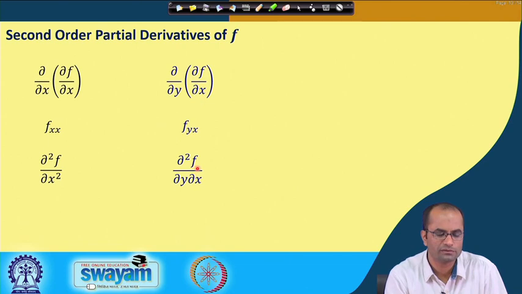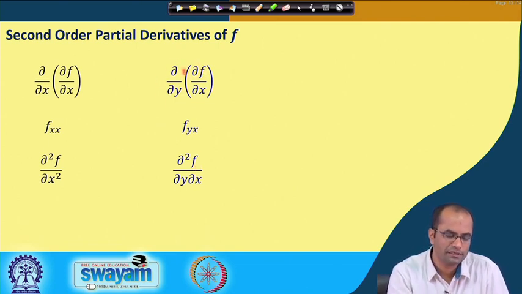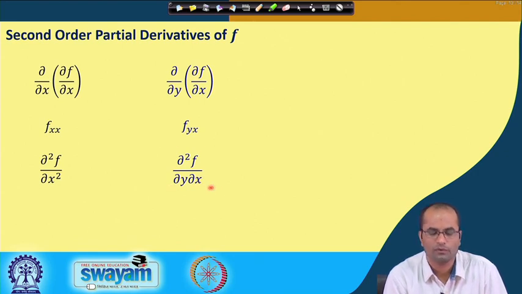We will be following this notation: the partial derivative with respect to x and then we take once again the partial derivative with respect to y. We will keep this order, f y x and del 2 f over del y del x. This means first the partial derivative with respect to x and then with respect to y.